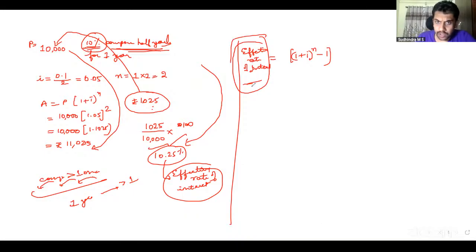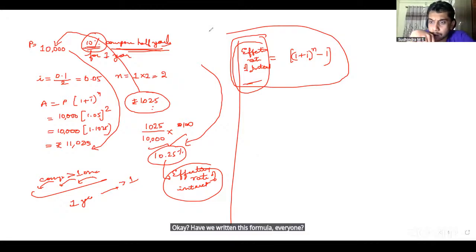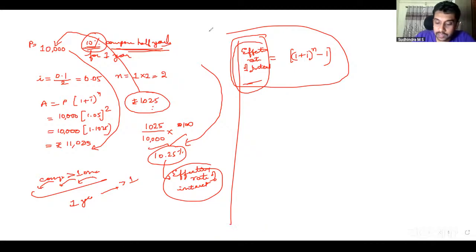Okay. Have you written this formula, everyone? Yes. Below that, effective rate of interest is nothing but compound interest formula excluding what?